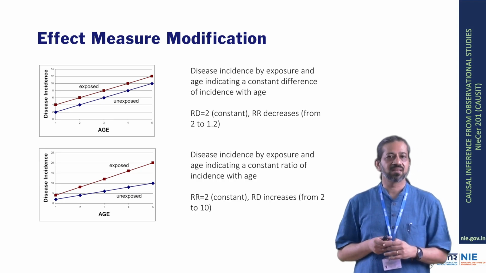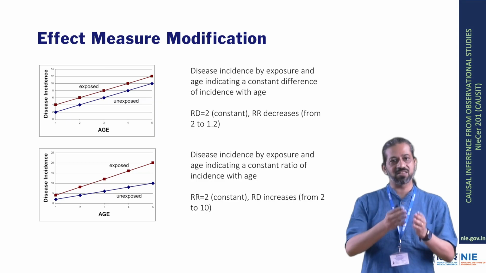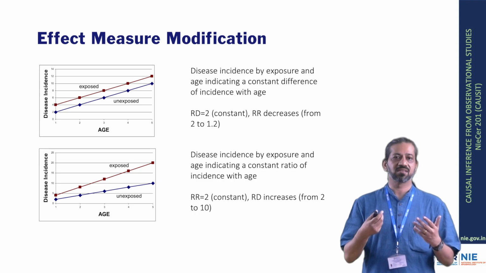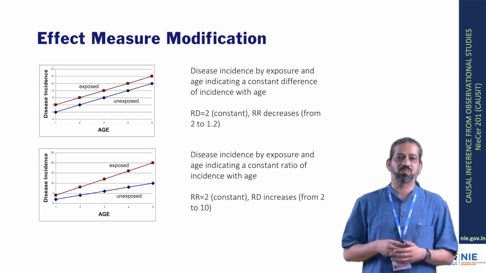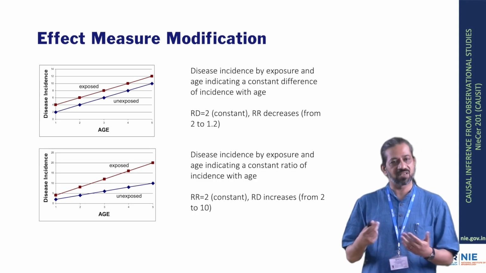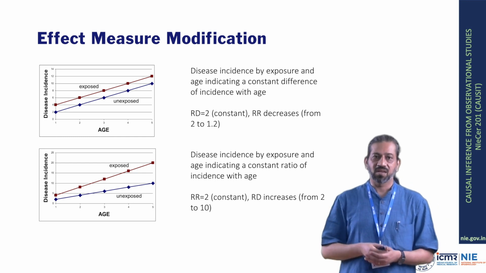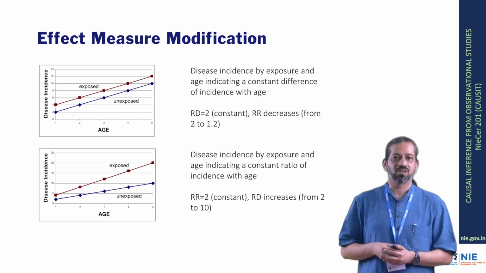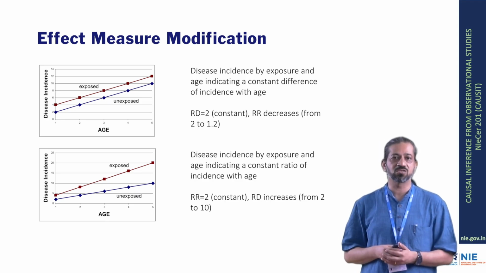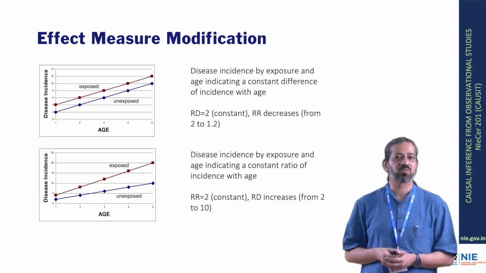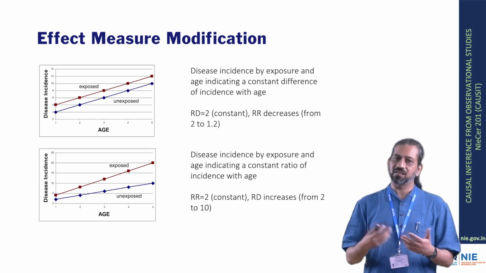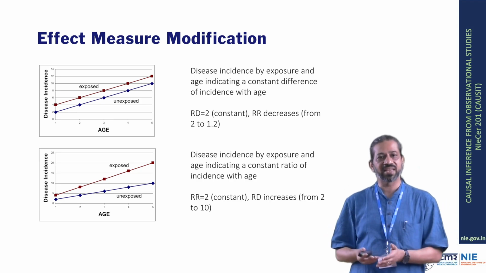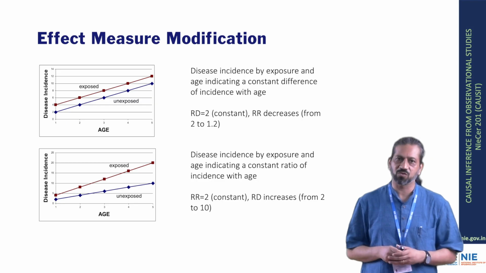What that means is, for example, in the first age group, in the unexposed, the disease incidence is 2, and the disease incidence in the exposed is 4. So the risk difference is 4 minus 2, which is 2. In the second stratum of age, the risk in the unexposed is 4, and the risk in the exposed is 6. And again, the difference is 2. And the same goes for the third, fourth, and fifth age groups.